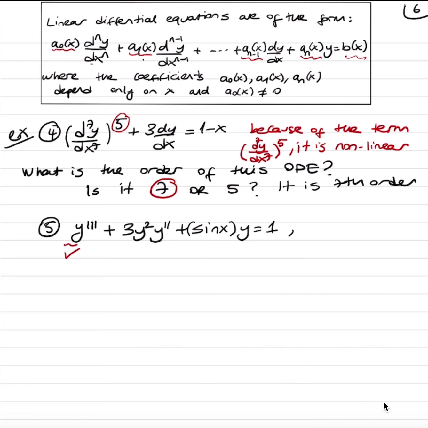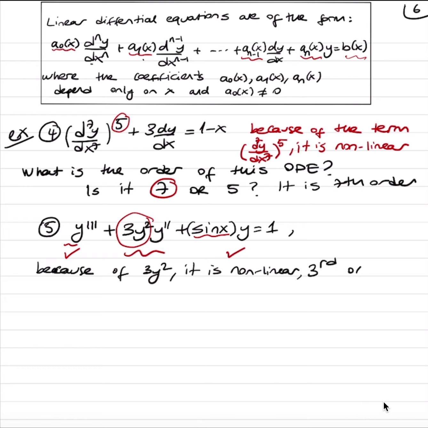This term has coefficient 1, this one has coefficient sine x, but this one has the coefficient 3y squared. We said that the coefficients depend only on x. So because of 3y squared, it is nonlinear. What about the order? We check out the derivatives. The highest derivative is the third derivative. So this is a third order nonlinear differential equation.